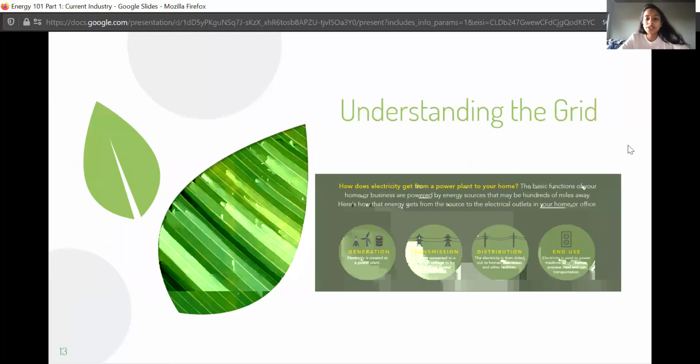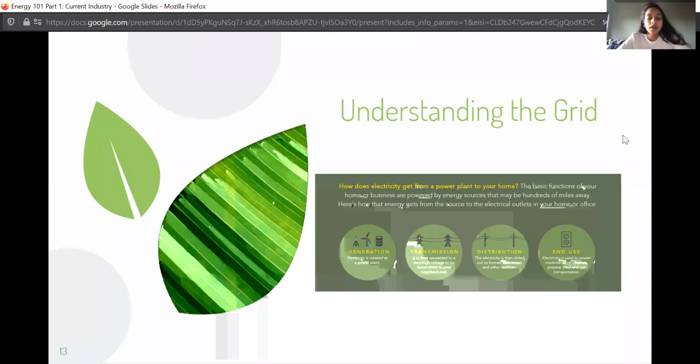So now we'll move on to actually how the grid in America works. There are individual generators and a variety of facilities that generate electricity. So this could be coal, natural gas, and other burning power plants, nuclear power plants, hydroelectric dams, wind turbines, and solar panels. And the location of these facilities from end users varies depending on how they are actually generating electricity.